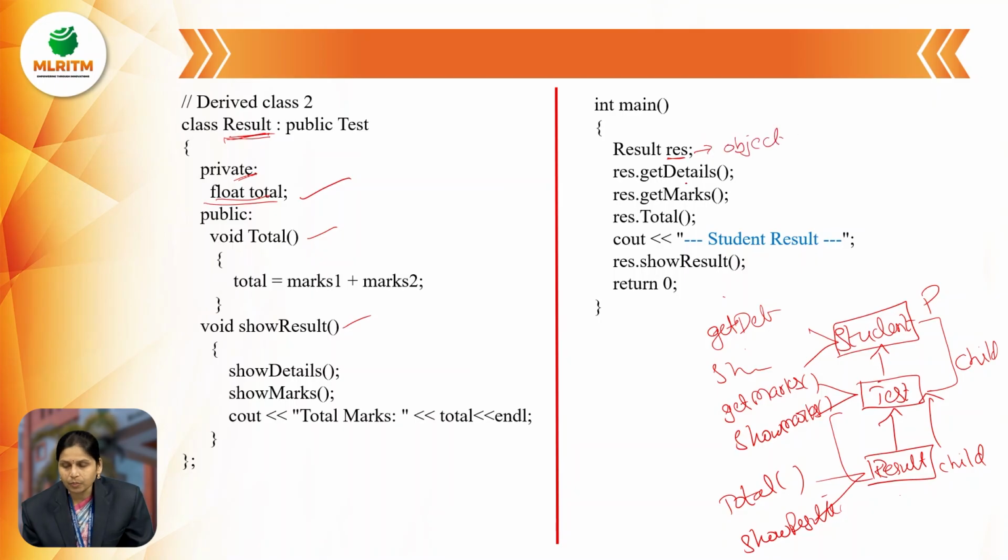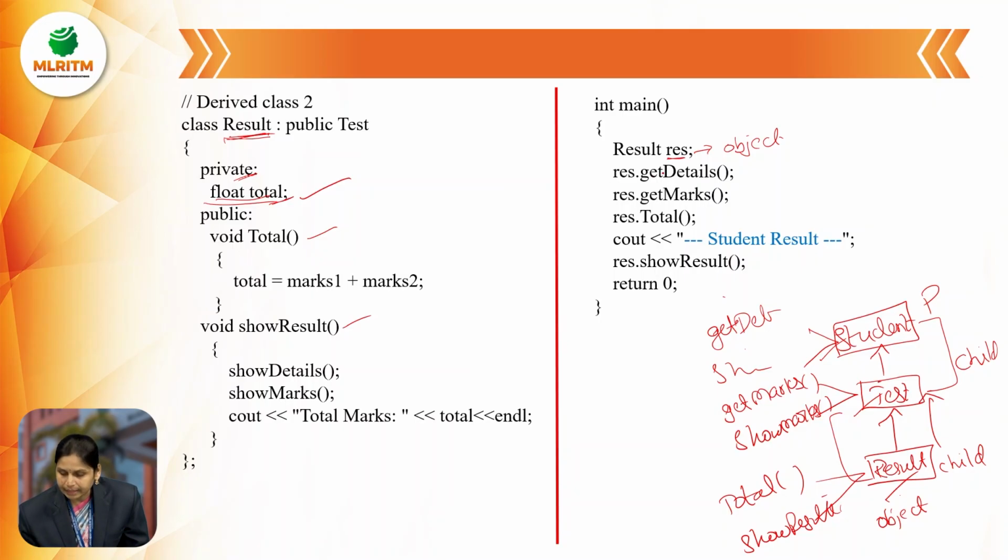By using this object, we can call the methods from result, from test, and also from student, because result is derived from test and test is derived from student. So by using the object of result, we can access the methods from these three classes, but we cannot access the variable total because it is declared as private.